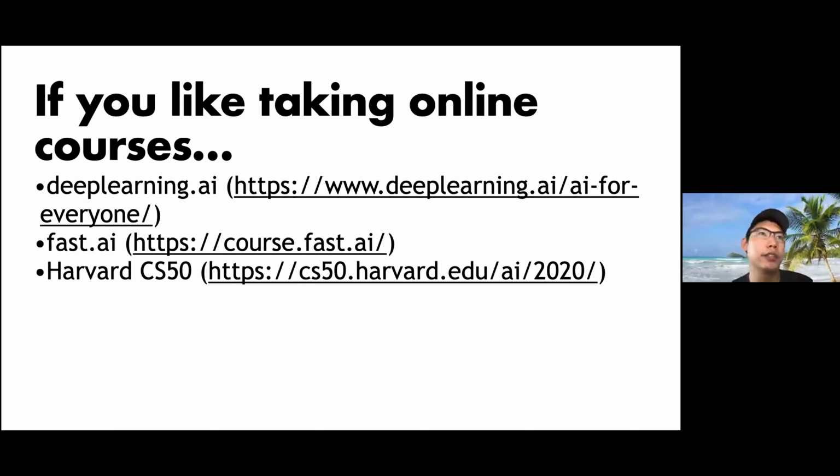And also Harvard CS50. I don't know how many of you are aware of Harvard CS50. It's a really large introductory computer science class, but it also has extensions. One of their extensions is AI, and it's pretty good material as well for those of you who like taking courses online. And all of these are free resources, available to you online.